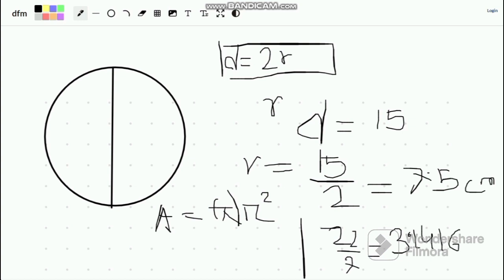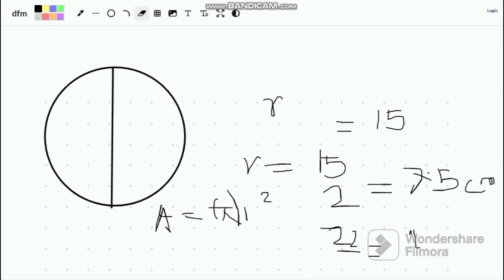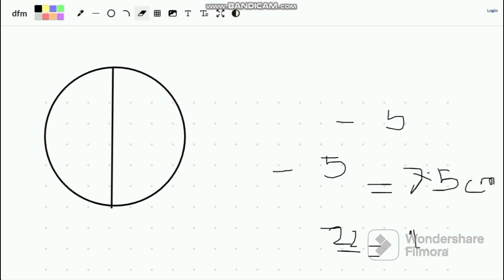Some people generally use 3.142, which is obviously not a problem, as long as you are maintaining these decimals properly. You can get the value very easily. Now I'm just going to erase all of this and start with the main part.